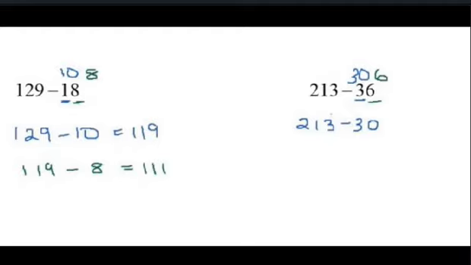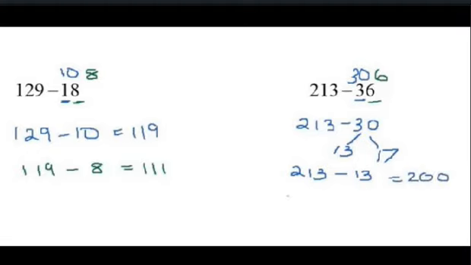So we can break 30 into 2 parts to make it easier to visualize the subtraction. So 30, I can break into 13 and 17. The reason I am doing this is that I can first visualize subtracting the 13 off. So 213 minus 13 equals 200.